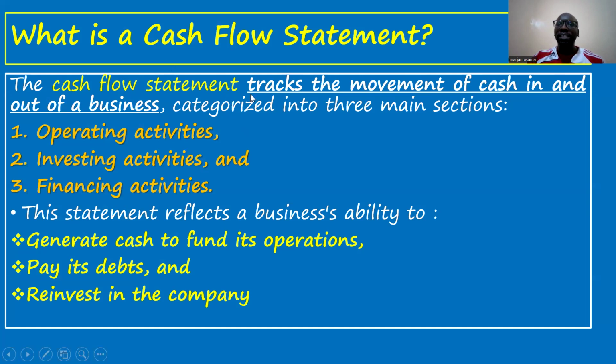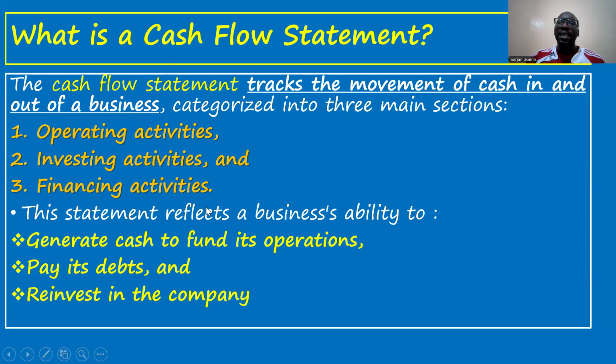It tracks the movement of cash in and out of a business, categorized into three main sections. Number one, the operating activities, as we shall see later. Number two, the investing activities. Then lastly, the financing activities.